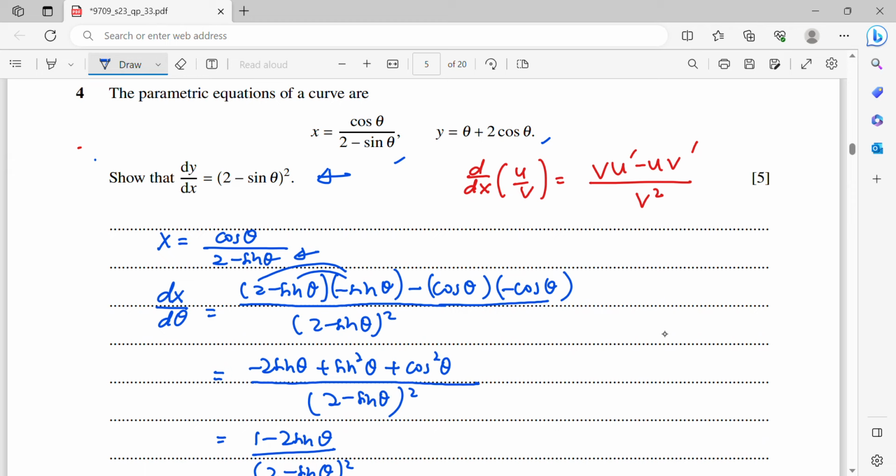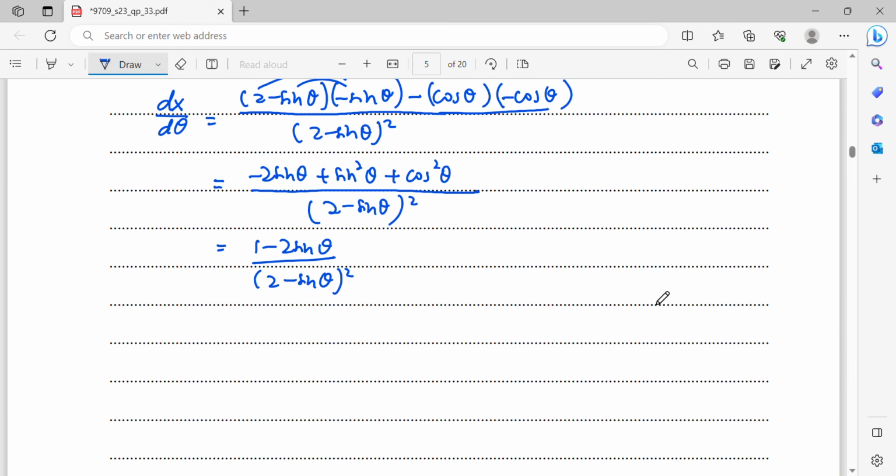Now, from the y, we need to get dy over d theta. So dy over d theta is 1 minus 2 sine theta.